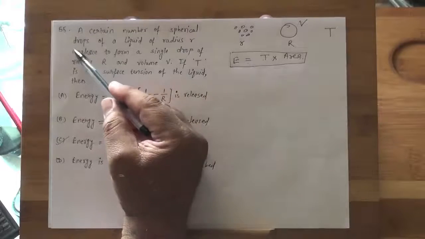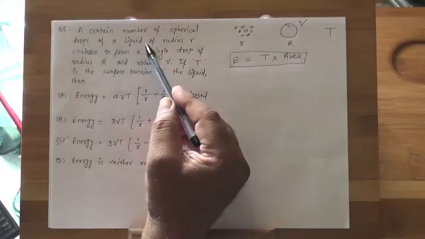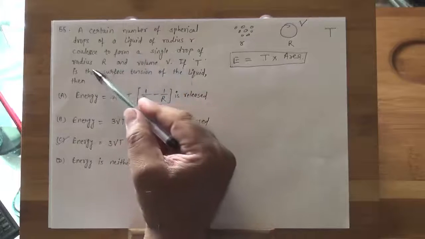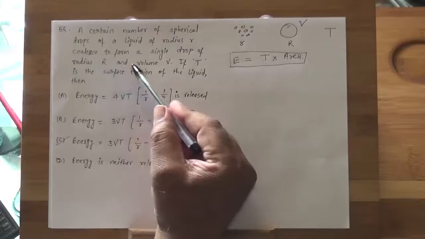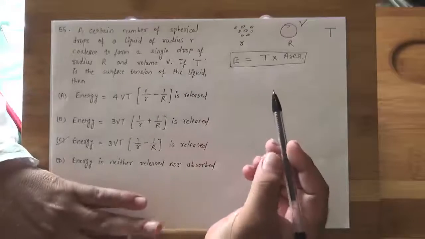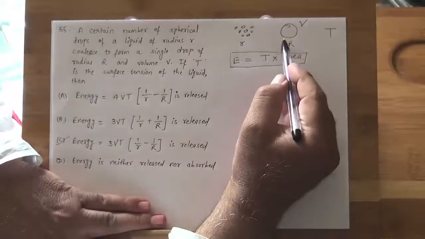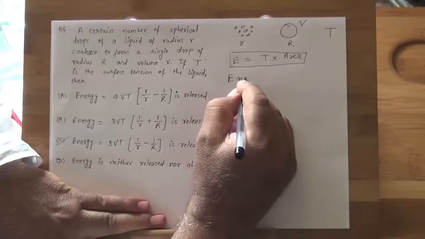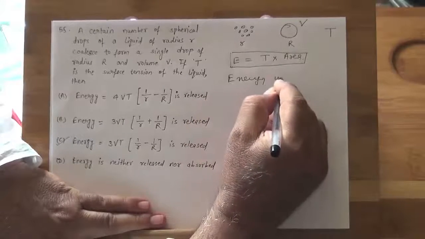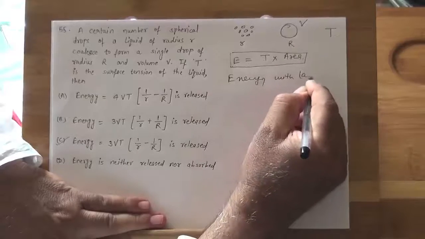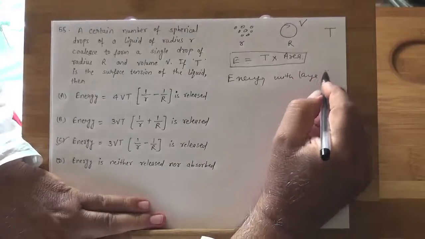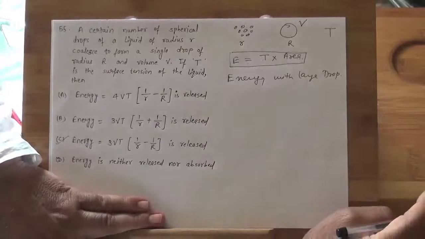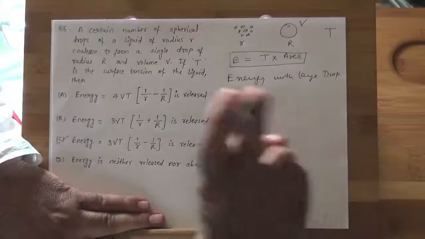A certain number of spherical drops of a liquid of radius r coalesce to form a single drop of radius R and volume V. Okay. How much is energy with this? Energy with large drop. How many surfaces does a drop have? 1 or 2? Answer is 1.